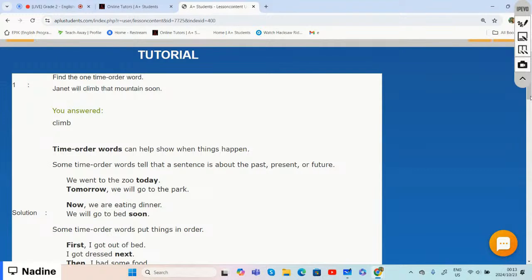It is words that tell us when something happened. So we said with the time order words, it can show us when things happen. Now, yesterday, tomorrow, later.